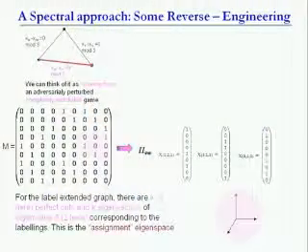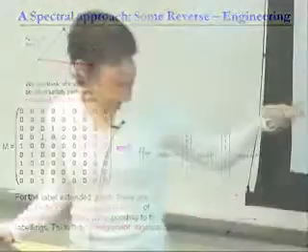We look again at that matrix that I talked about before, and we observe that, as I said before, there are as many large eigenvectors that correspond to large eigenvalues as there are satisfying assignments. And a basis for those is the characteristic vectors of the labelings of the assignments.